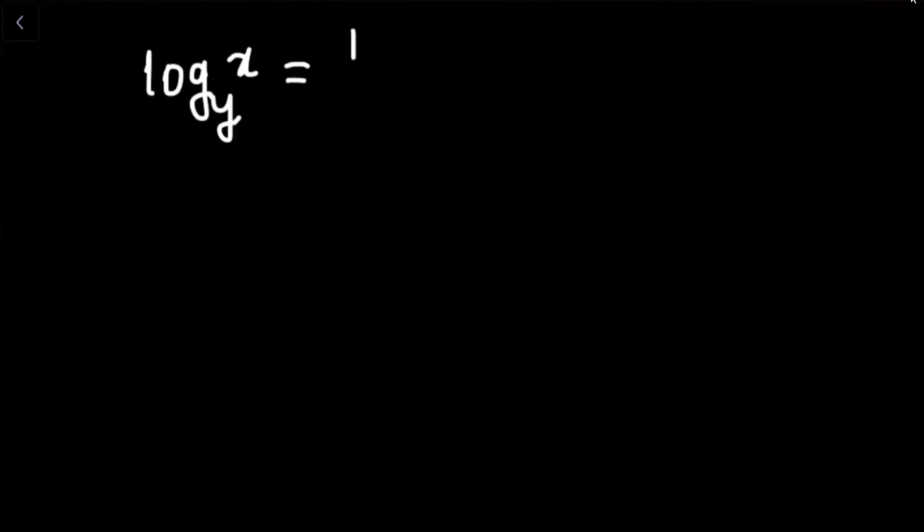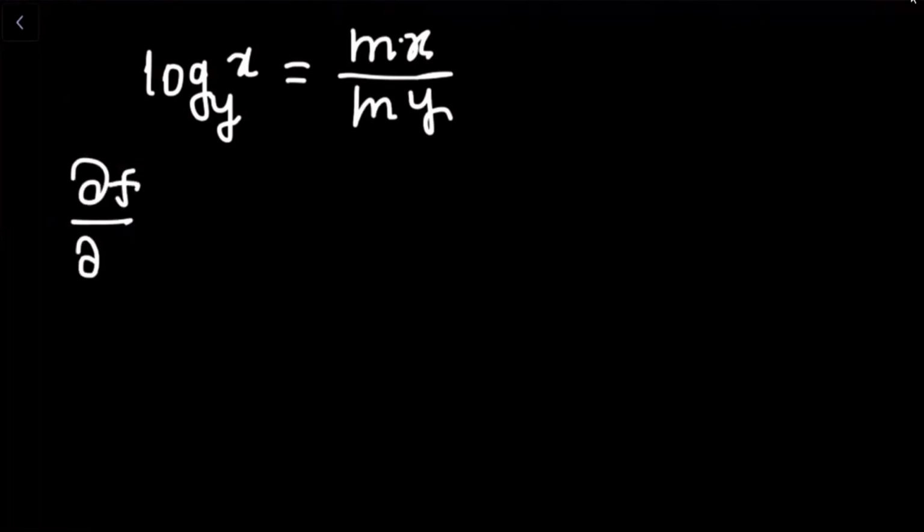Log x to the base y, we are writing it as ln x upon ln y, and differentiating. ∂f/∂x equals the derivative of log x, which is 1/x, times log y.